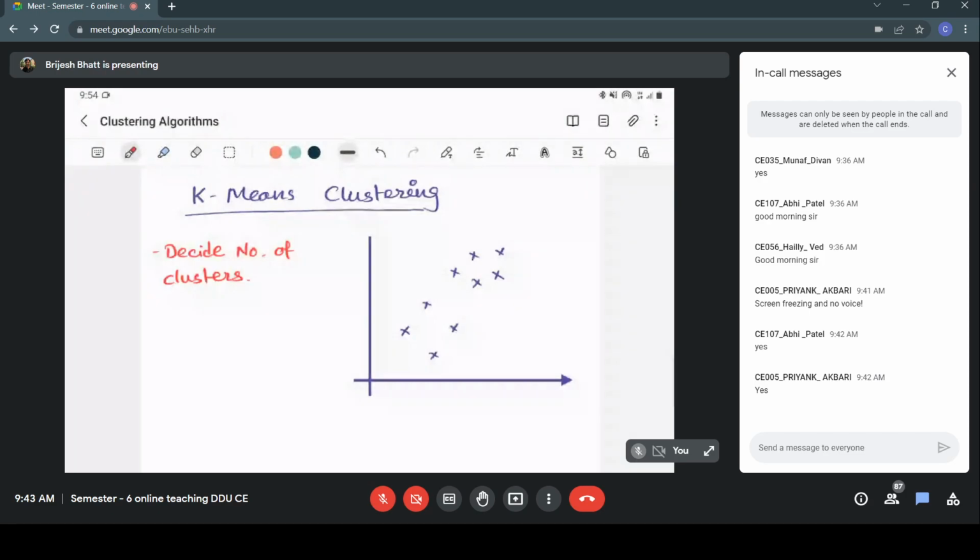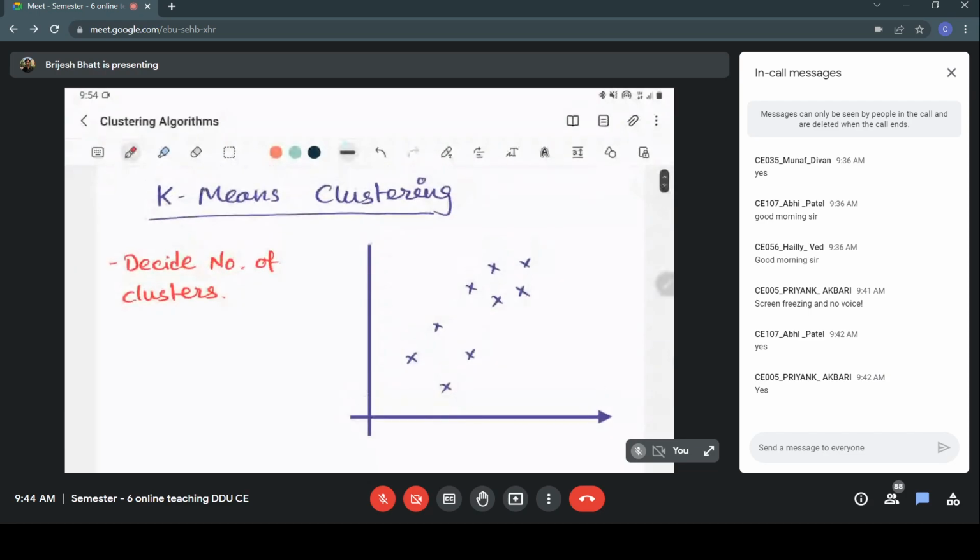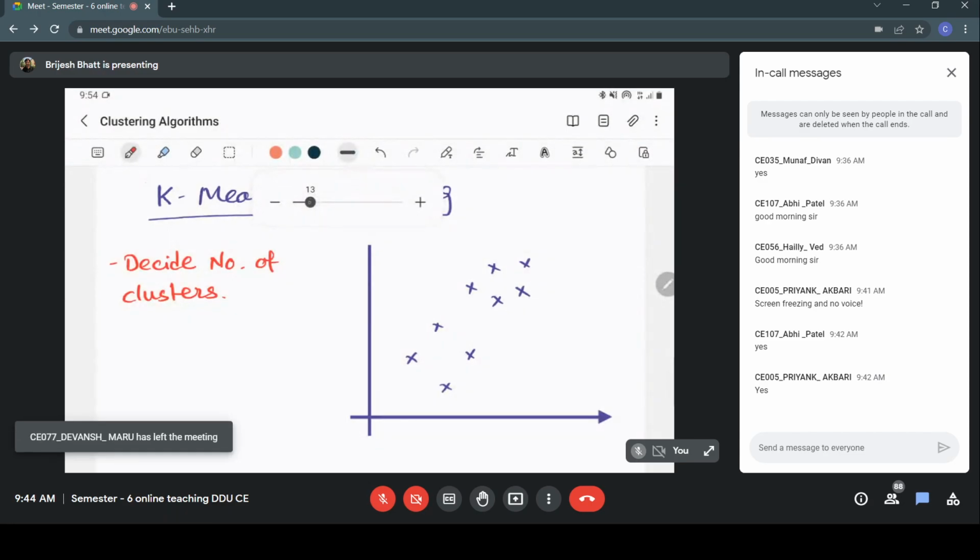This characteristic of the algorithm often becomes a limitation because many times when we are working on real data, we do not know how many groups or how many partitions we want to create from this data.